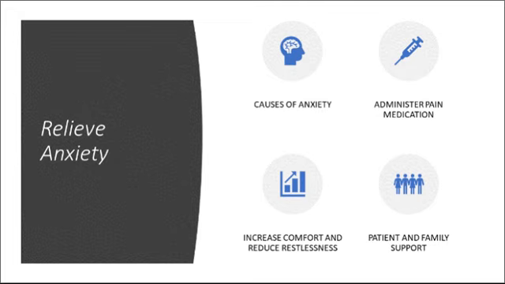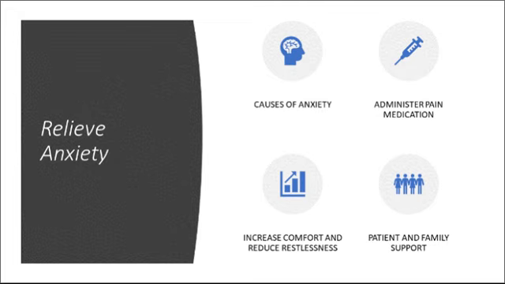And relieving their anxiety. What measures can you take? Administering pain medication. Morphine is a good one. Patient and family support, increasing their comfort and reducing their restlessness. You want to give them a clean environment. You want to do good skin care, oral care for comfort and for protection. Eliminate non-essential activities. That's going to preserve the cardiac output.